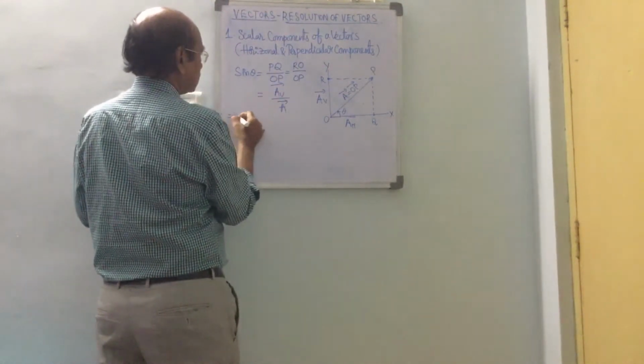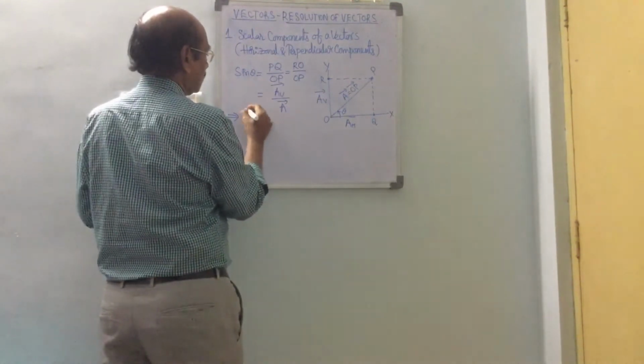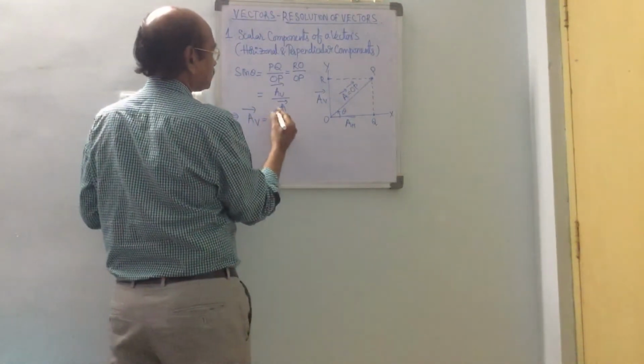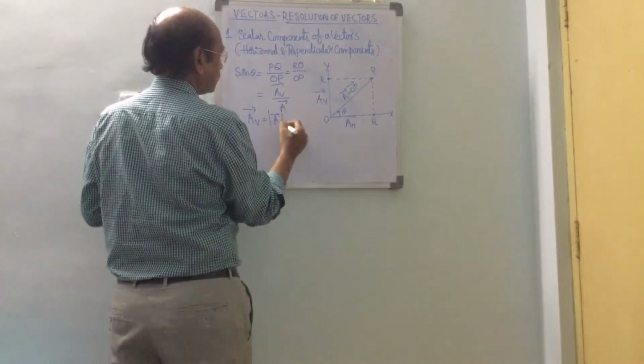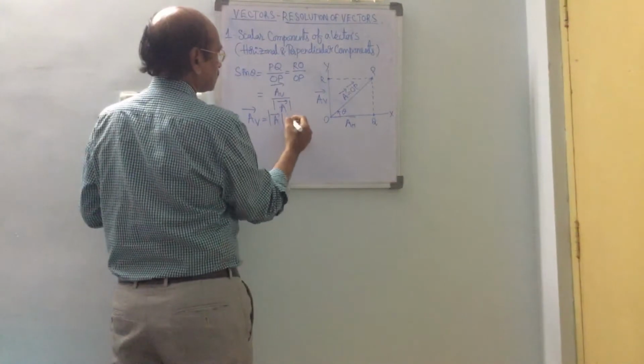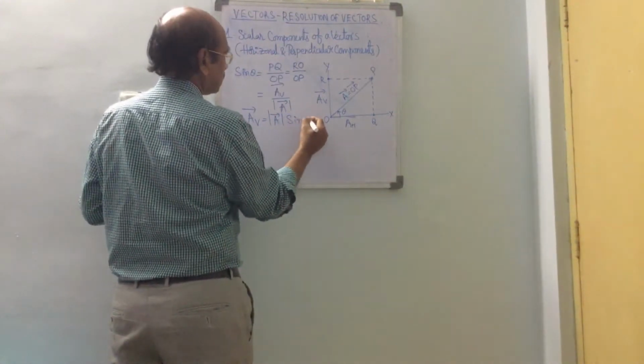So from this, vertical component is equal to modulus of A bar into sin theta.